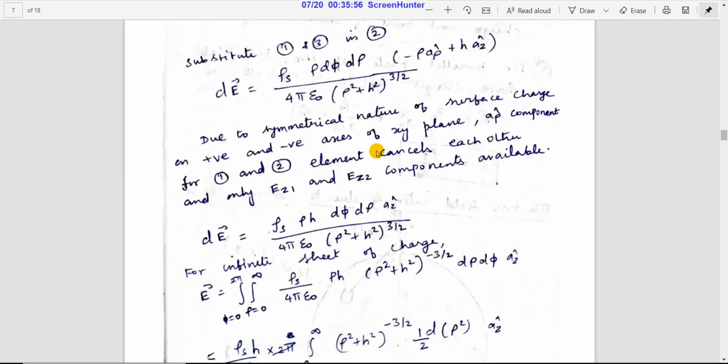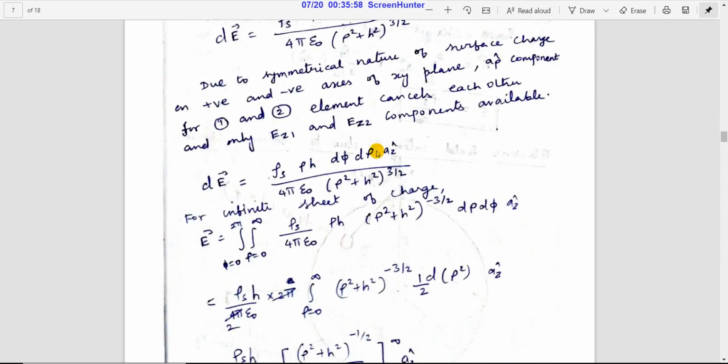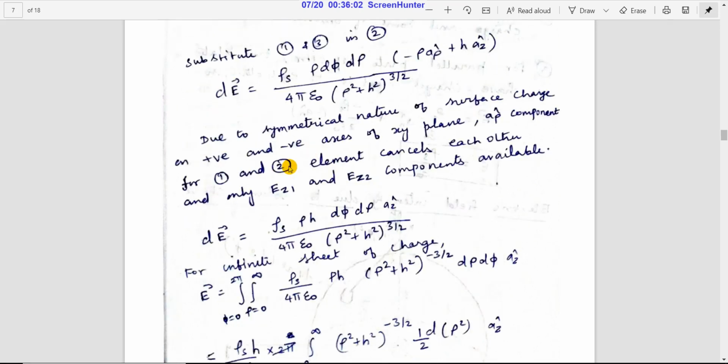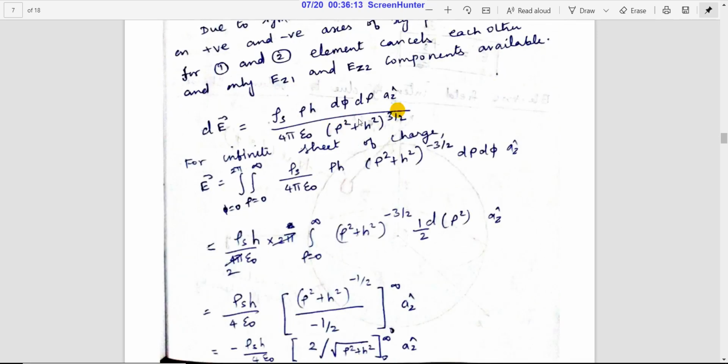So both ρ components are going to cancel each other, and only the z component is going to be constituted. So what will this term be? Minus ρ into a_ρ cap will be 0. So only h into a_z cap is going to constitute.